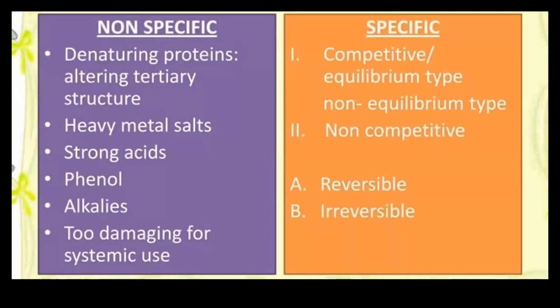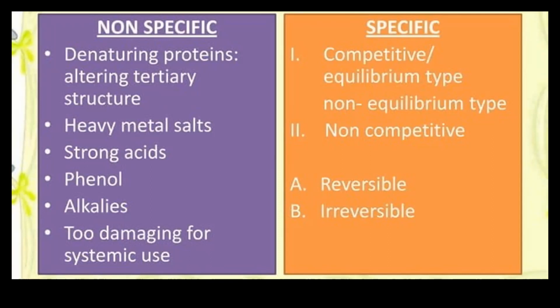Then we are talking about enzyme inhibitory activity. This is an important topic of discussion, that is, enzyme inhibition. Basically, this is categorized into two simple types: the first one is non-specific and the other is specific.